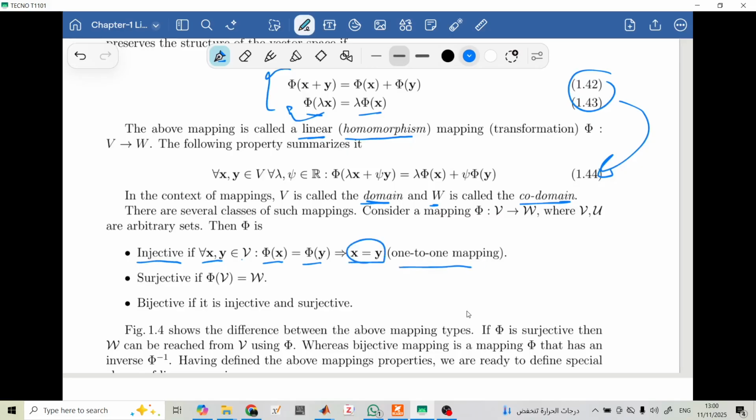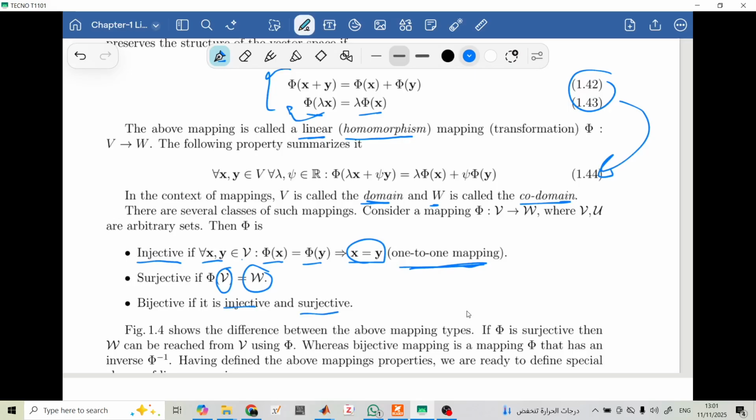This is called one-to-one mapping. Okay. A mapping is surjective if it is mapped to the whole set of the codomain W. So this is called surjective mapping. Bijective mapping if it's injective and surjective.